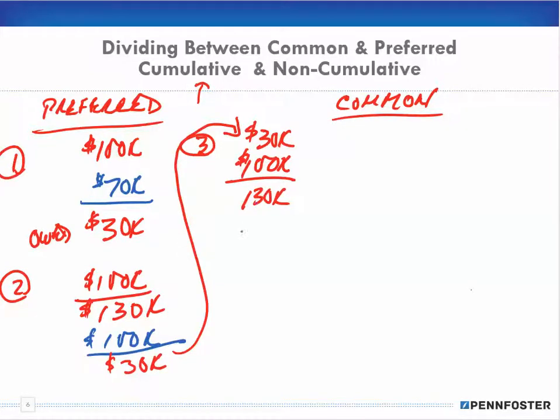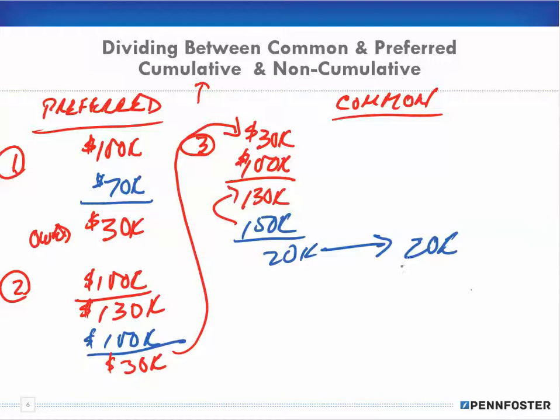And let's say the company decides to pay a $150,000 dividend. Okay, well, because this is cumulative, the 130,000 is owed to preferred, but with the dividend being paid, 150,000, out of the 150,000, it pays off the $30,000 that's owed to preferred. Okay, and that means there's $20,000 left over, which now goes over to common.